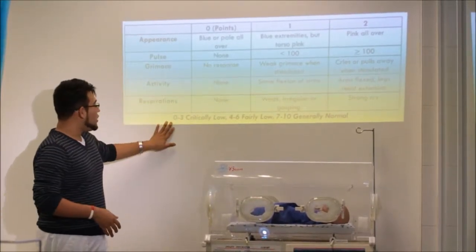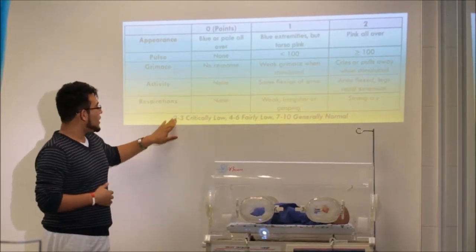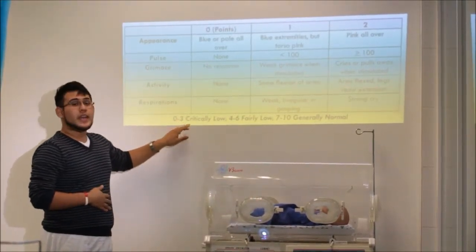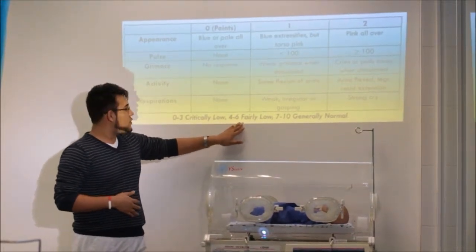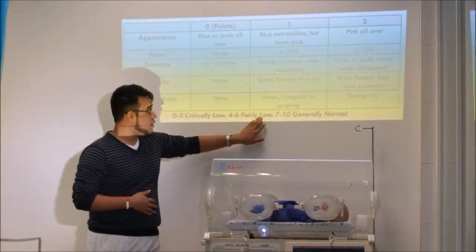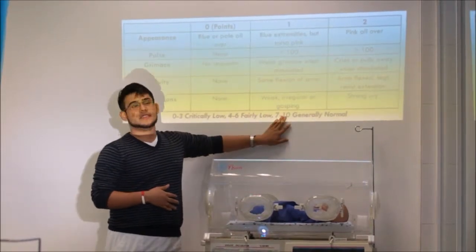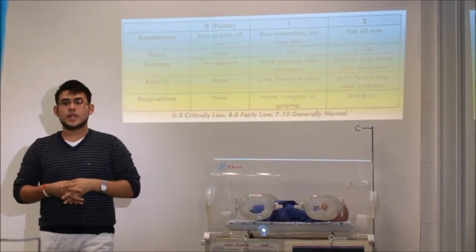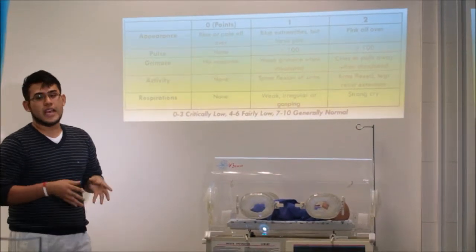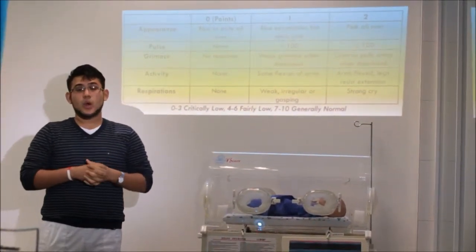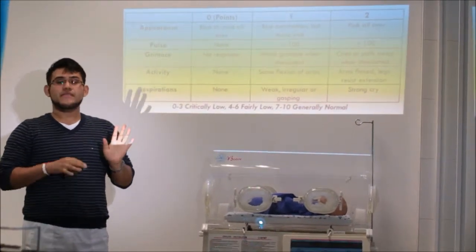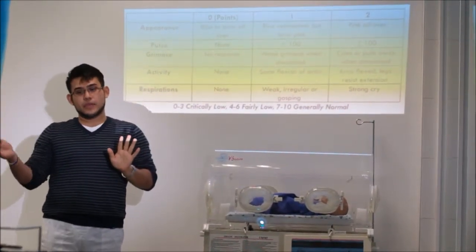Here we have the scoring: zero to 3 is critically low, 4 to 6 is fairly low, and 7 to 10 is generally normal. To conclude, the APGAR test is a quick test performed on the baby at 1 and 5 minutes after birth.